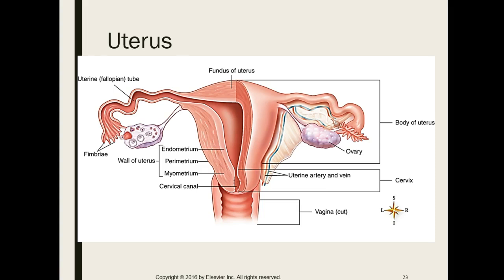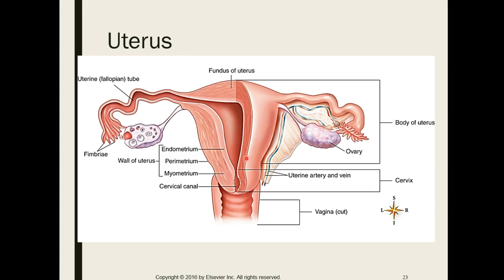So here we can kind of get a visual for all of these structures. Here's the ovary, and you can see the egg going through its cycle. It gets released from the ovary, and then the fimbriae of the fallopian tube have to kind of grab onto it and pull it in, and then it'll work its way through the fallopian tube into the uterus. The fundus is this portion up here.